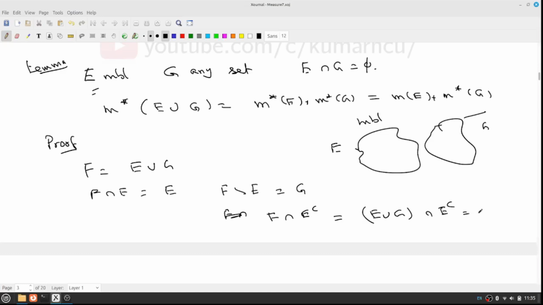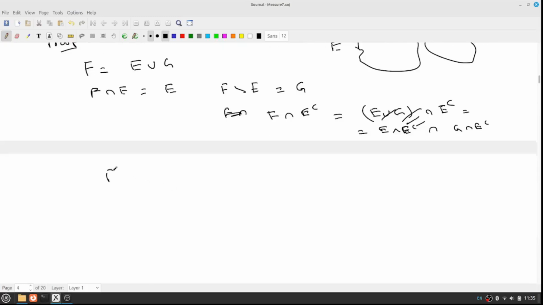That is E intersection E complement, union G intersection E complement.